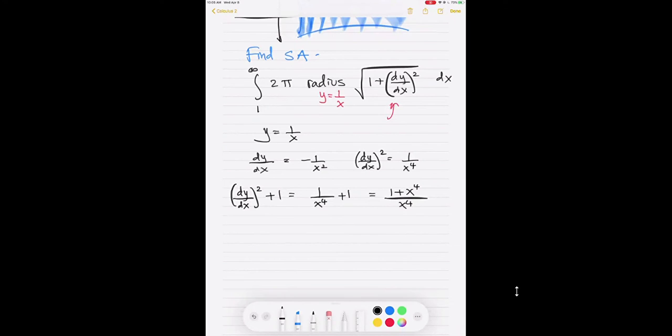So I'm going to say this is going to be the integral from 1 to infinity of 2 pi, 1 over x. And I have here square root of 1 plus x to the 4th over x squared dx.